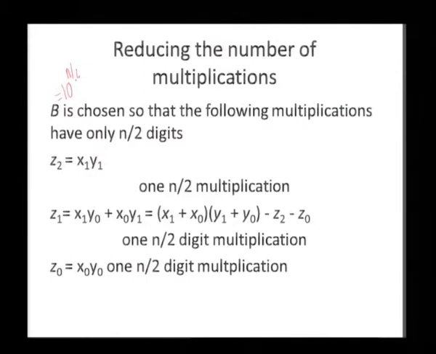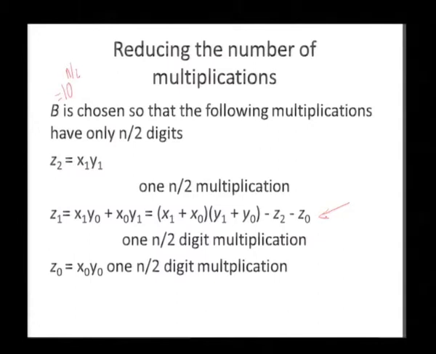This is selected so that in the sub problems there are just n by 2 digits that need to be multiplied. In every number that needs to be multiplied, there are just n by 2 digits. Now, let us just look at the second term, which is the most important thing.